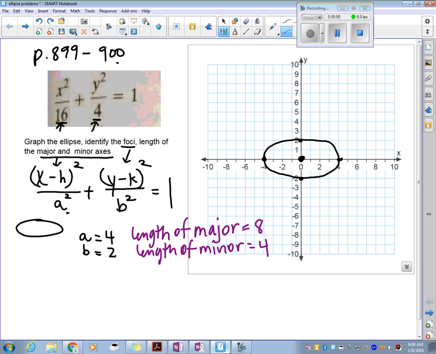Now, we know the foci lie on the major axis. The foci are going to be somewhere along this line. But how do we determine the length for those?